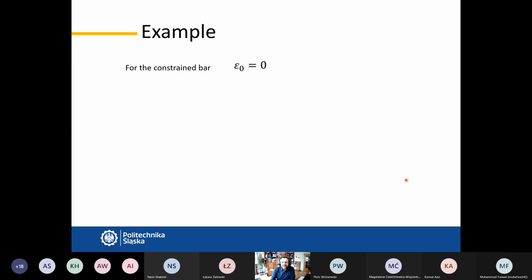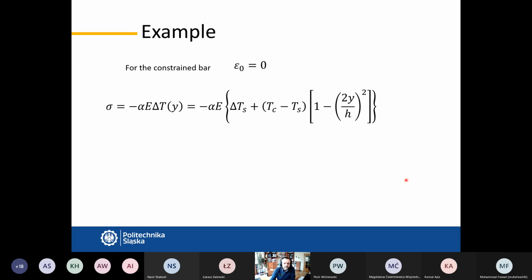If the bar is constrained, and this is the case, we will not observe any deformation, so any extension or compression. So epsilon 0 is 0 due to the walls that constrain the movement.